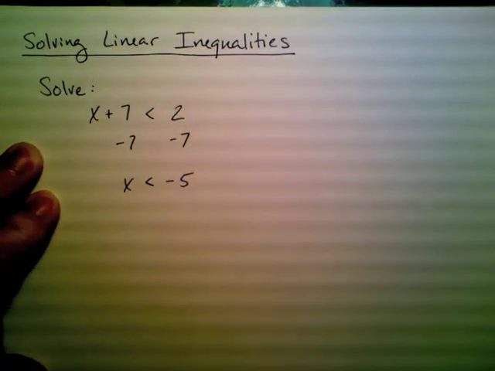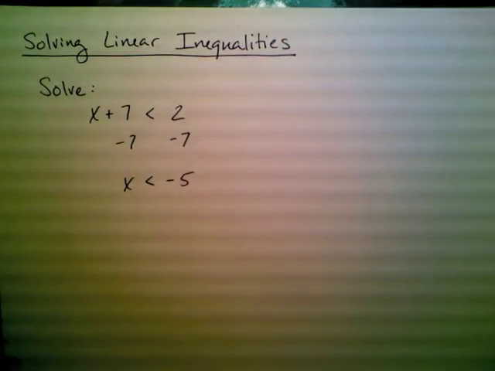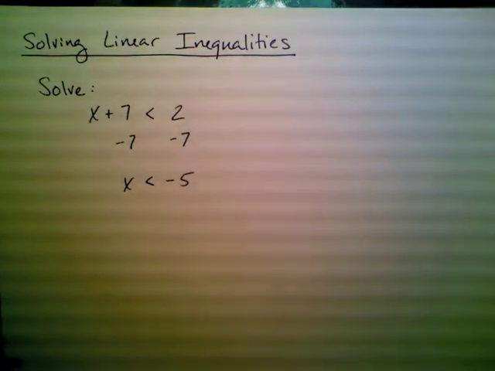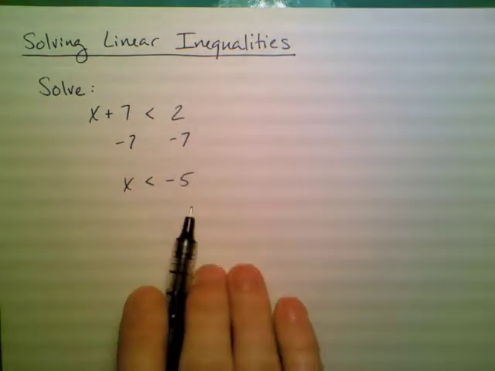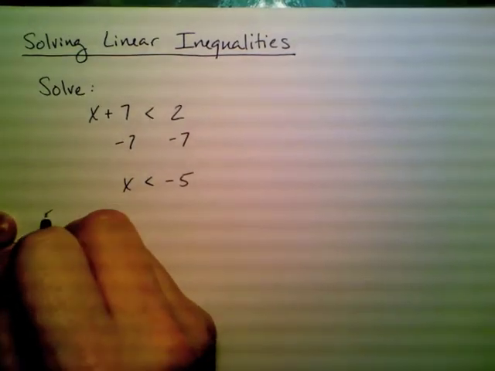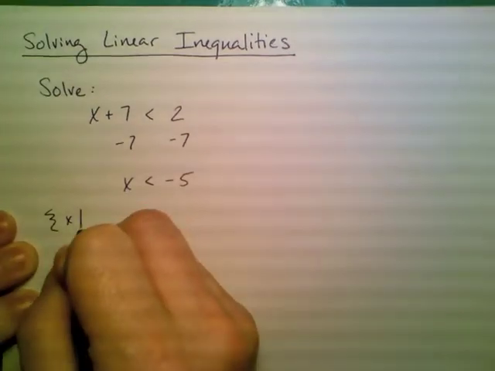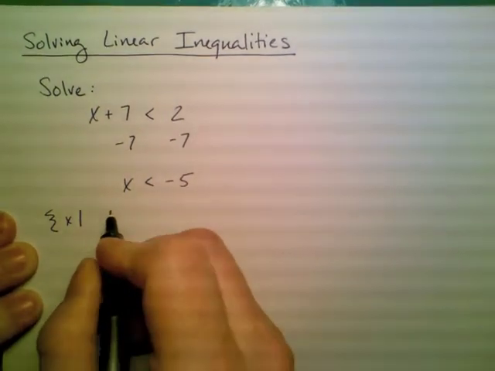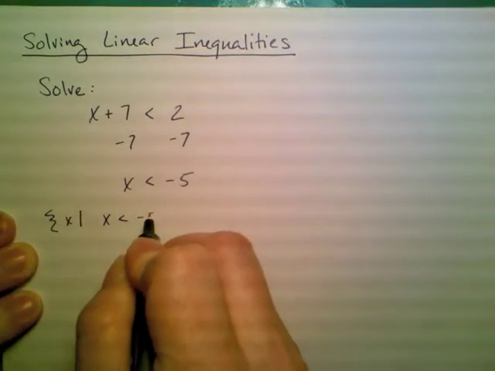Now, what may be different in this class than what you've done before, instead of leaving it just as the inequality, I can now specify it as a set. This is a set of all x such that x is less than -5.